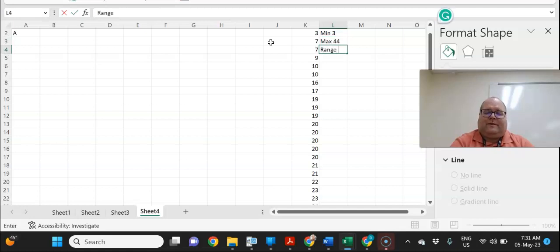The total range is 44 minus 3, or 41. And if we want to go with 7 classes, we're going to divide 41 by 7, and that rounds up to 6.